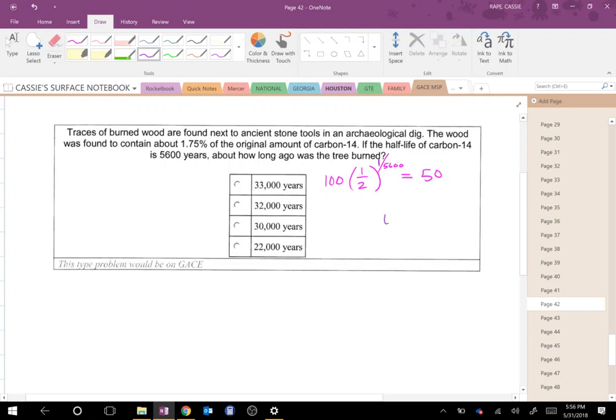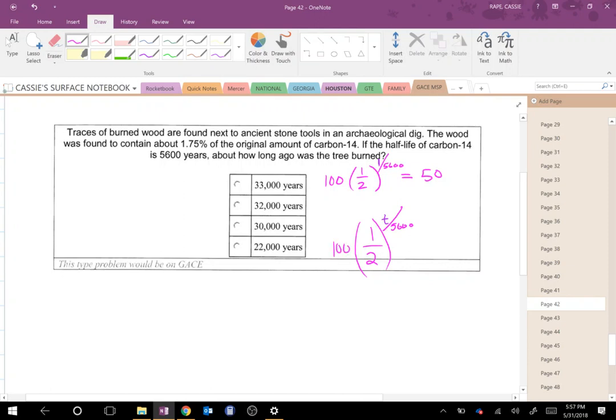If I put T for time in years, because it takes 5,600 years for this to halve, then your exponent is going to be, instead of just T, T over 5,600. Because it's half-life, the base is 1/2.